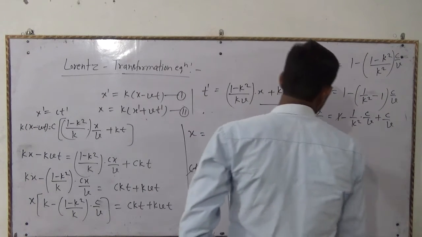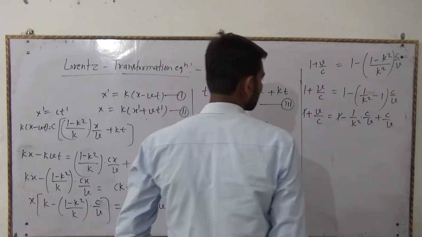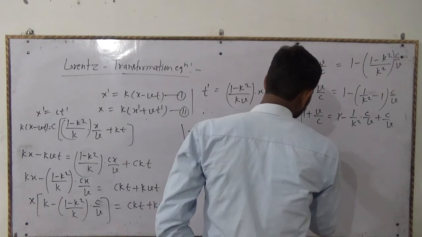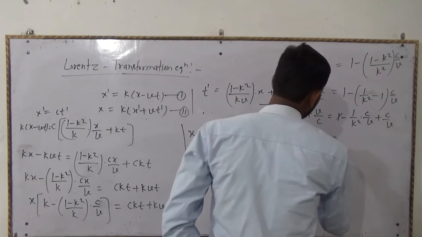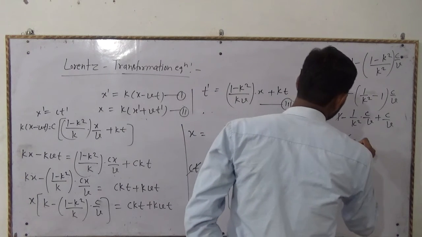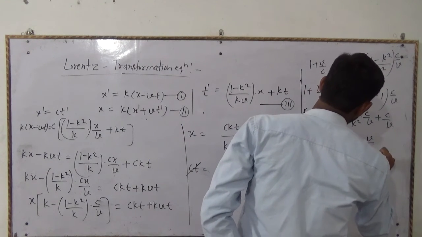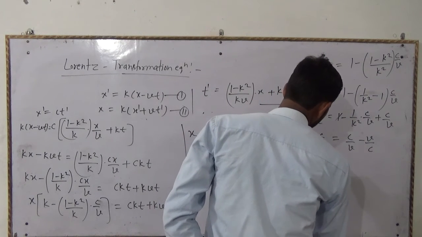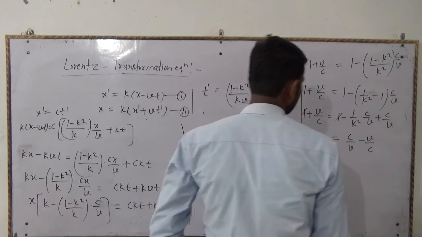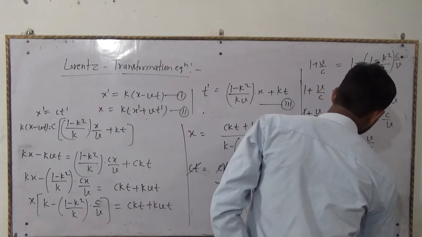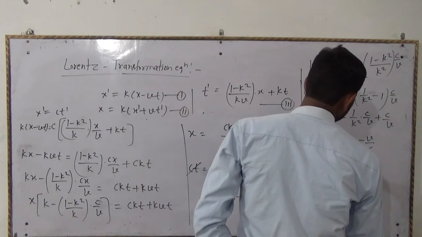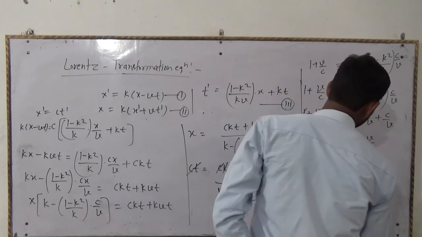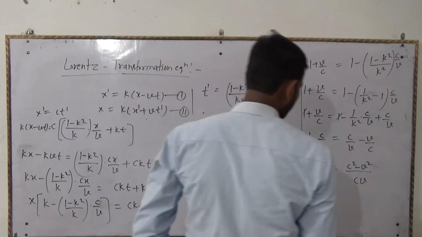Here 1 will cancel out, and if we keep this term on this side, 1 by k square into c by v is equal to c by v minus v by c. So 1 by k square into c by v is equal to, we can write it, cv and c square minus v square, c square minus v square.